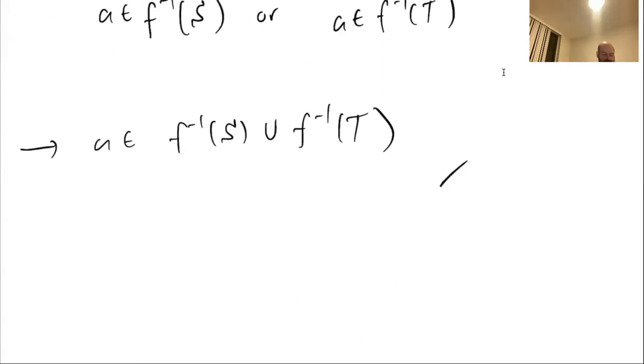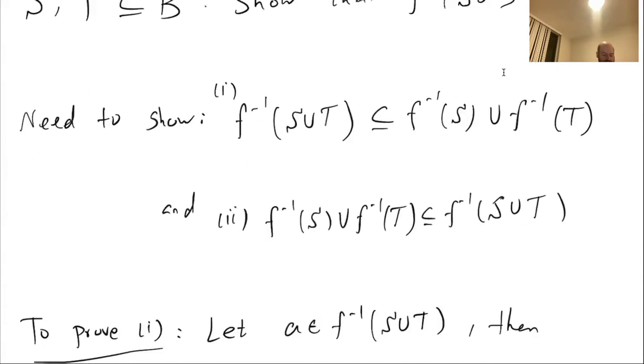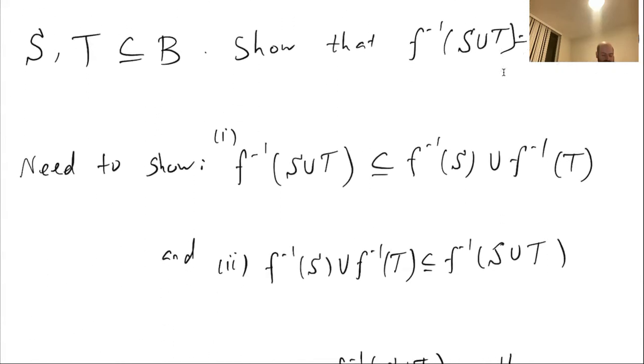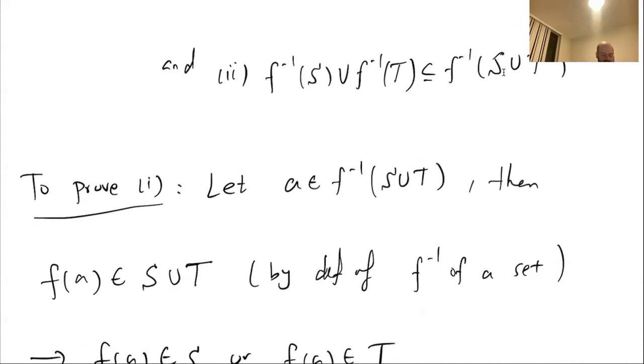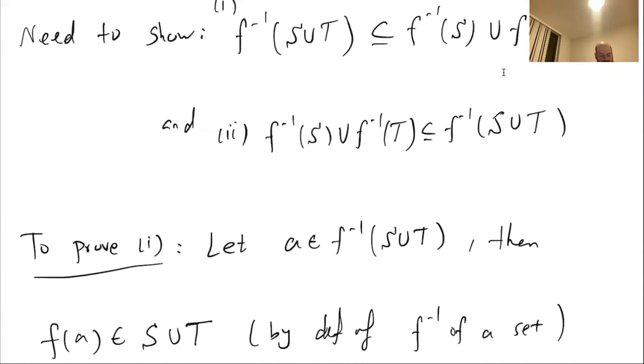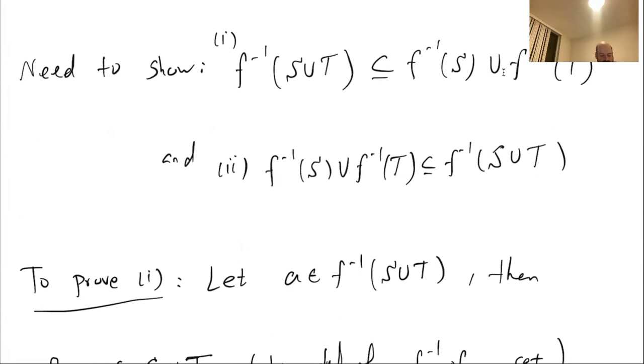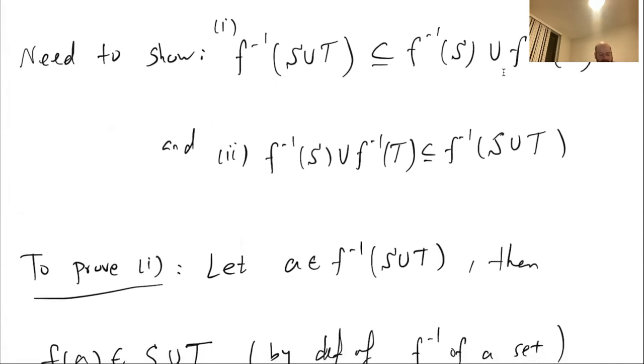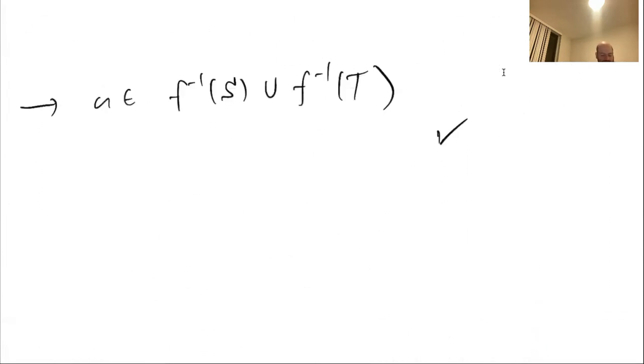So this was the proof of 1, right? We took some element a in the left-hand side, and we showed that a must be in the right-hand side as well. And similarly, we can prove 2. The proof of 2, I will leave as an exercise, is similar to the above.